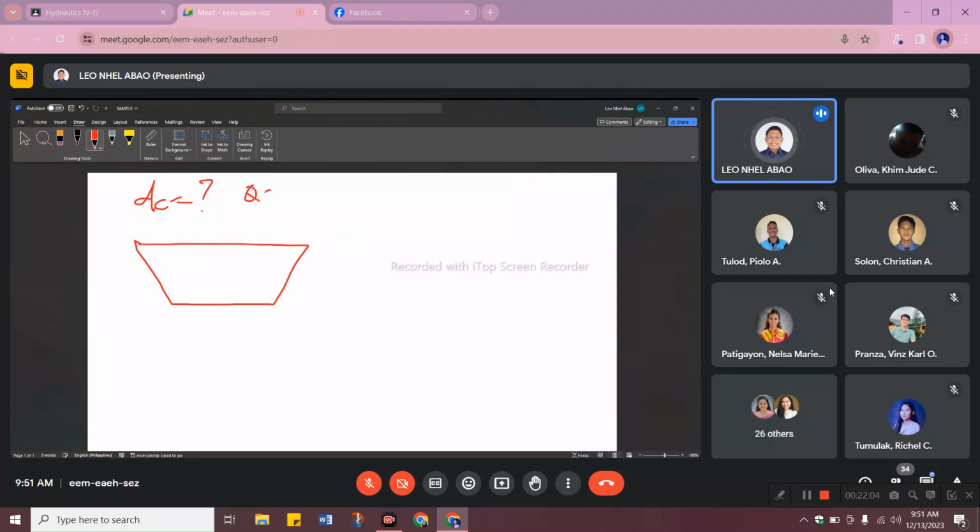Given Q is 8.5 cubic meters per second, bottom width 2.5, and the angle theta of the sides is 45 degrees. Okay. How do we solve this one?